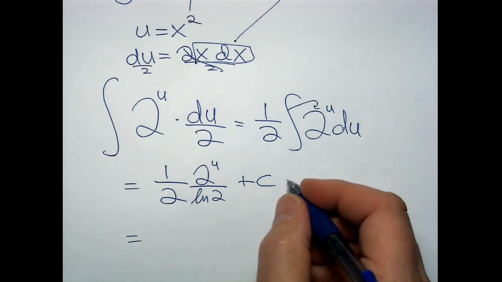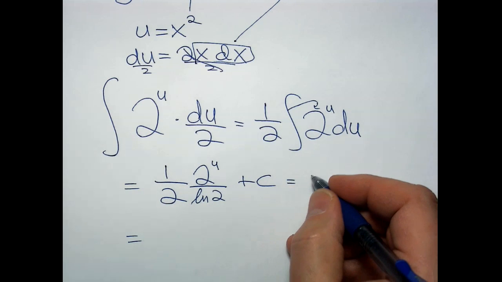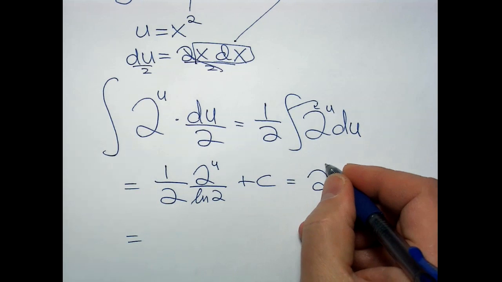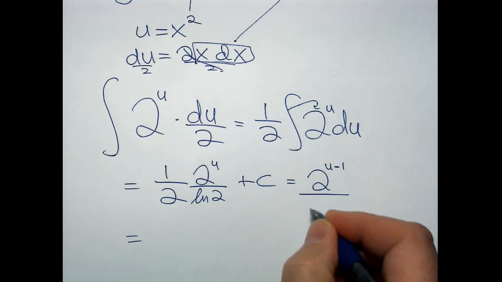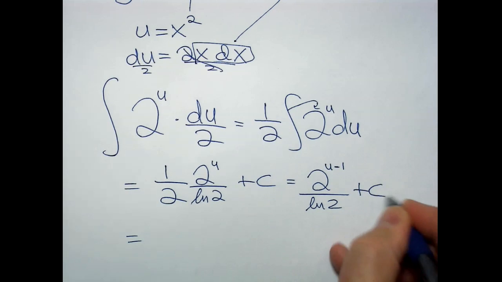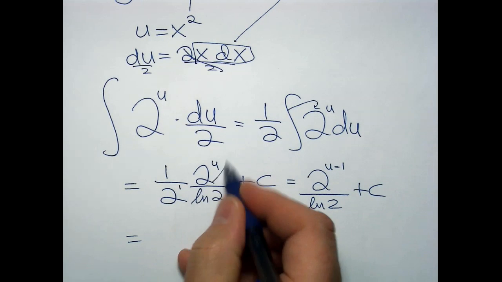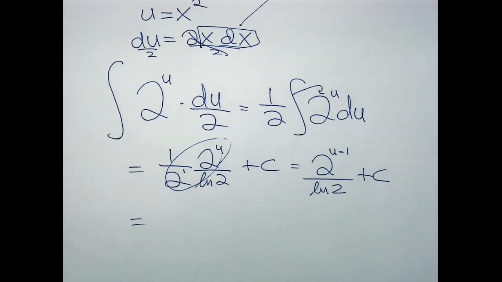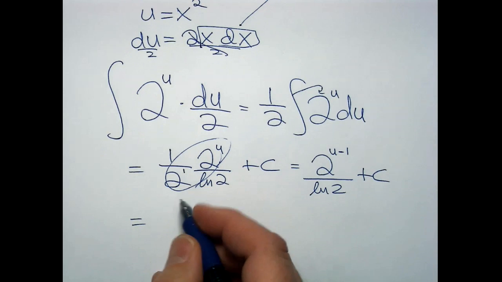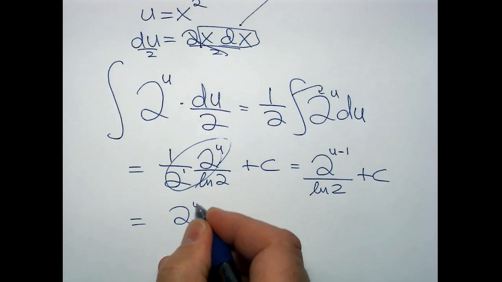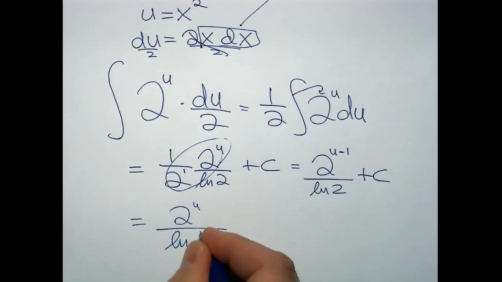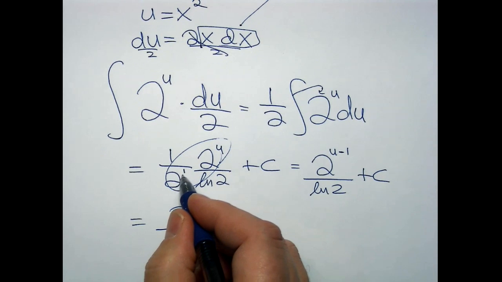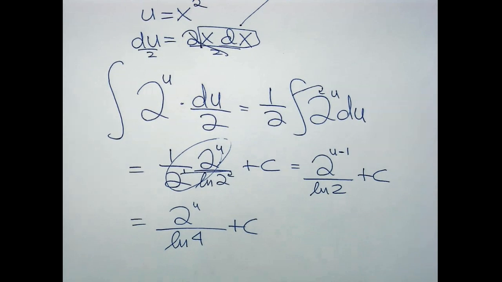So here's a great version of this answer. In fact, I've got a couple versions that we could go with. Here's one version. See what I did there? I put these two together and I subtracted the exponents. Or here's another version. And see what I did there? I took this 2 and I plopped it up there. Isn't it amazing?